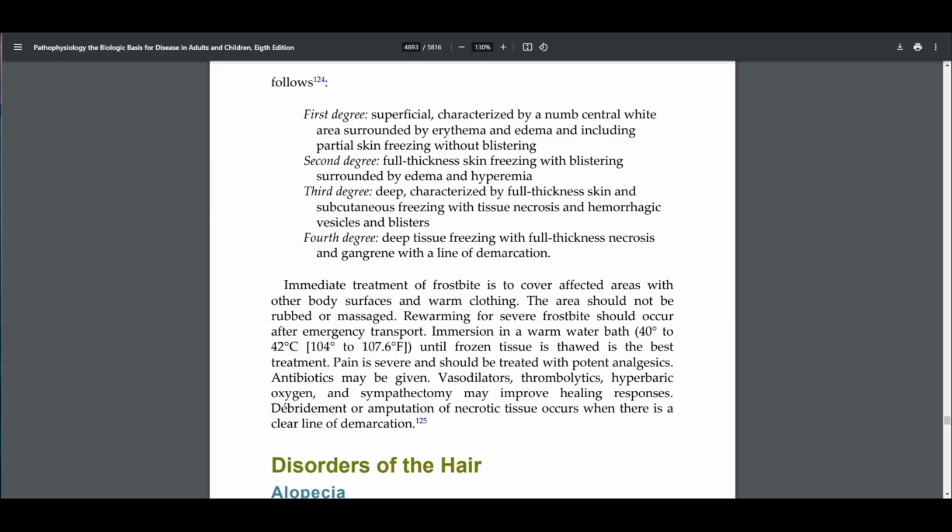Third degree, deep, characterized by full thickness skin and subcutaneous freezing with tissue necrosis and hemorrhagic vesicles and blisters. Fourth degree, deep tissue freezing with full thickness necrosis and gangrene with a line of demarcation.